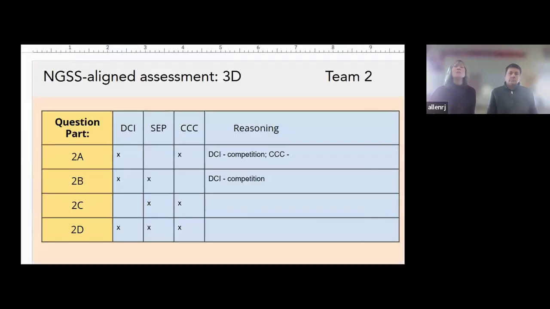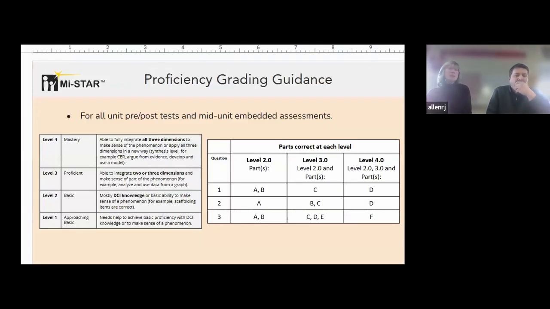So we try to sometimes when we use multiple choices, have that question after. So there's no one right or wrong for this. But if you think about that structure where we usually start with knowledge, DCI, bring in the SEP, and then in the last question, bring in that CCC, it can really help us when we come to grading.